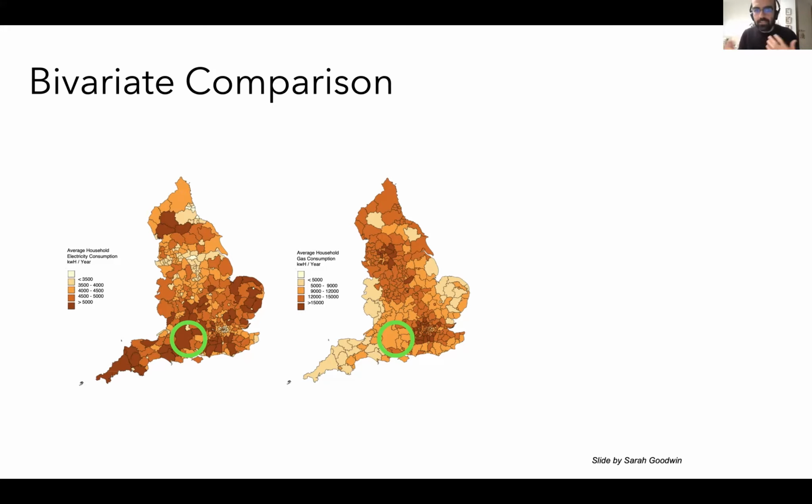If you are interested in some bivariate comparison, what we will use is a bivariate correlation function, to explore the relationship between those two variables, electricity and gas consumption, over space. We see that in places where there is more electricity consumption, there's less gas consumption, as you can see on the right map.